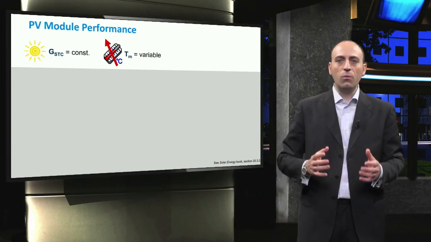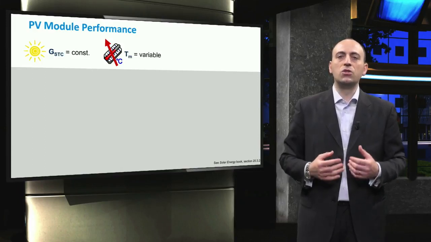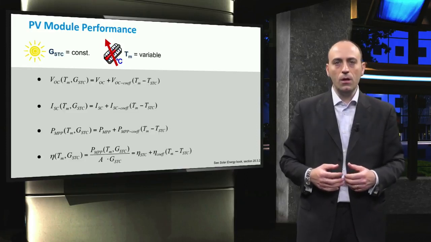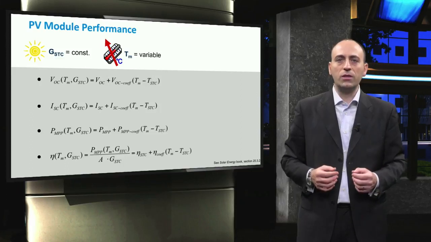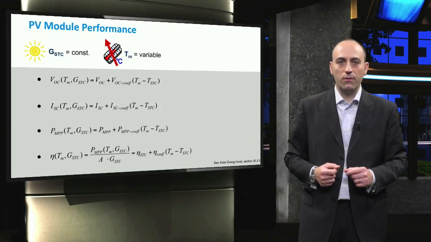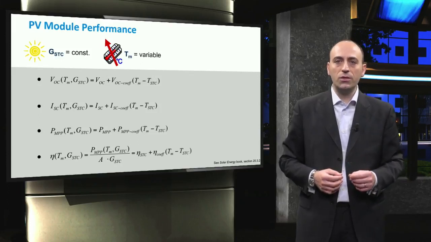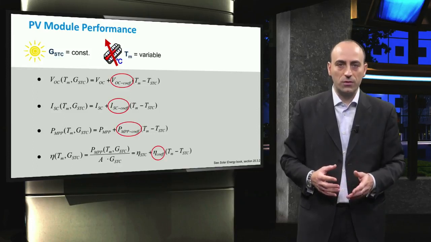First of all, we consider the case in which the solar irradiance is constant and the PV module temperature deviates from 25 degrees Celsius. The formulas to obtain the voltage, current, and power parameters at different temperatures are listed here. Usually, in the datasheet of the PV module, the temperature coefficients are provided by the manufacturers.